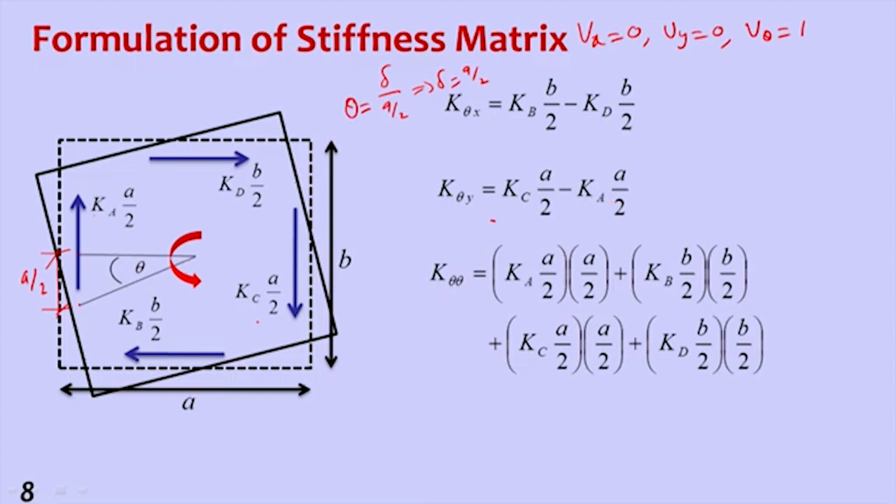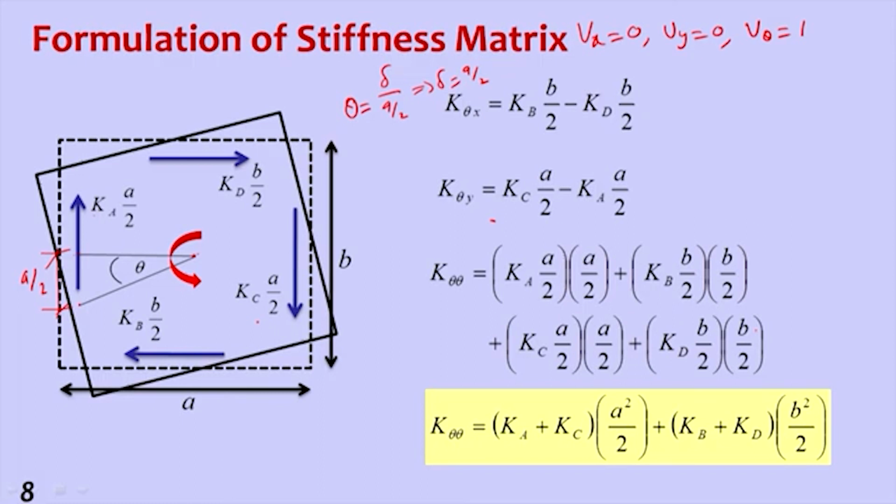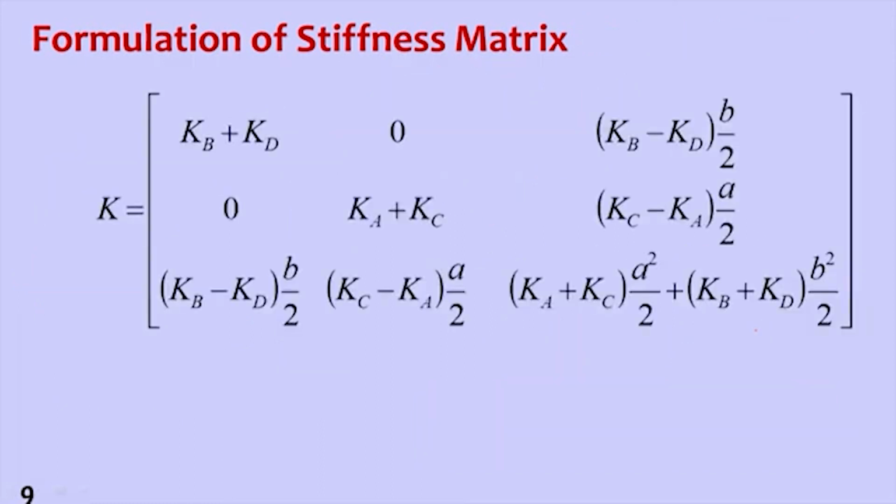The force we need to generate moment at this point, because of the rotation. So ka into a by 2 into again a by 2 from here to here. Like that, kb into b by 2 again b by 2, kc into a by 2 again a by 2, kd into b by 2 into b by 2. So we have k theta we wrote here. So then final stiffness matrix is this. All terms placed here, that is giving final stiffness matrix.